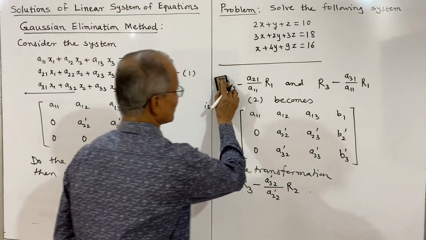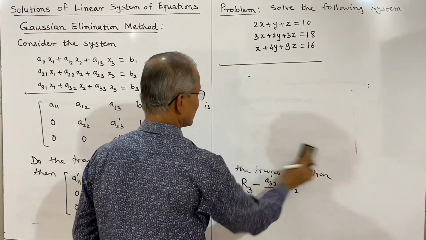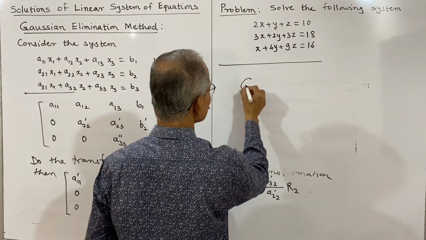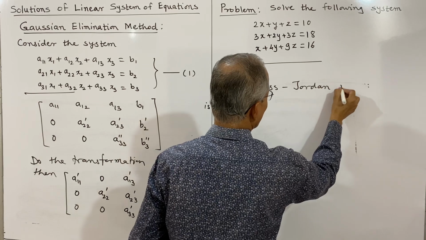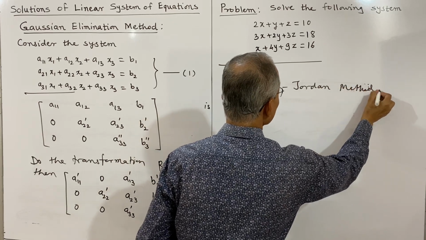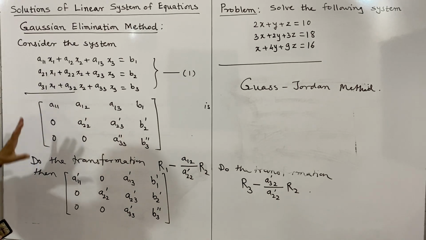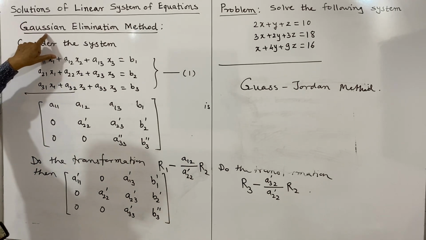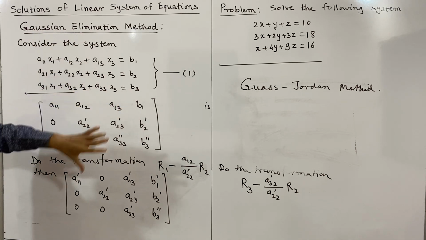So this is the Gauss Jordan method. That means x2 is eliminated from the first equation and third equation. Thus we have seen the Gauss Elimination Method, or Gaussian Elimination Method, and the Gauss Jordan Method.